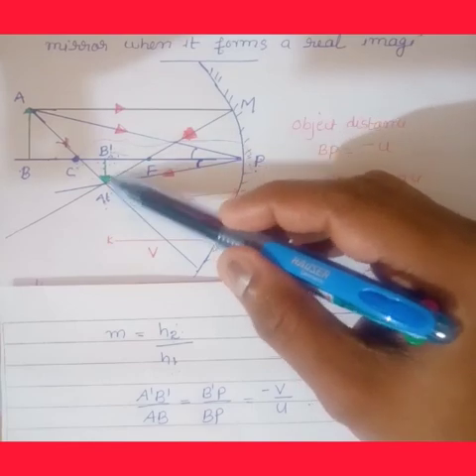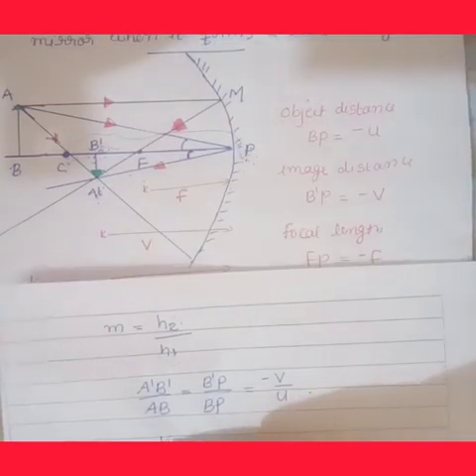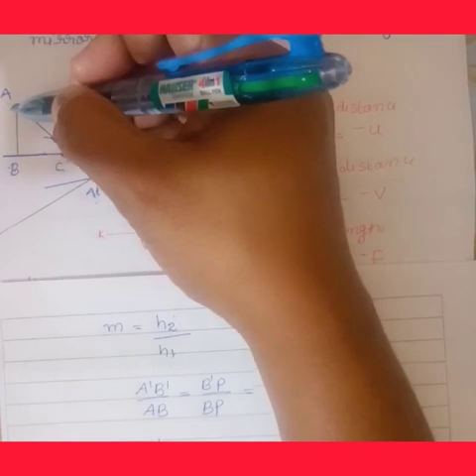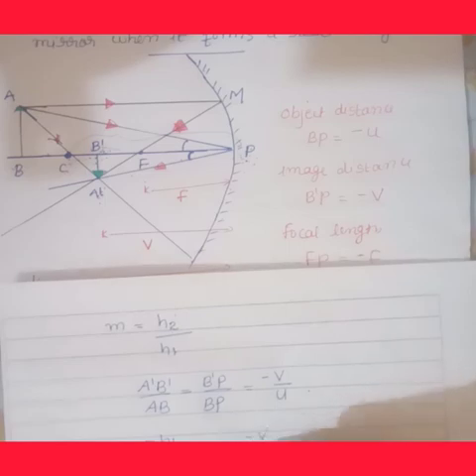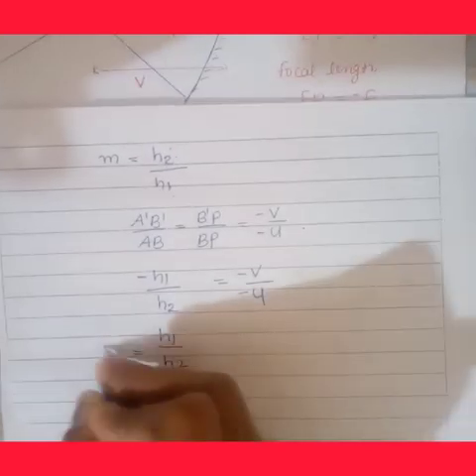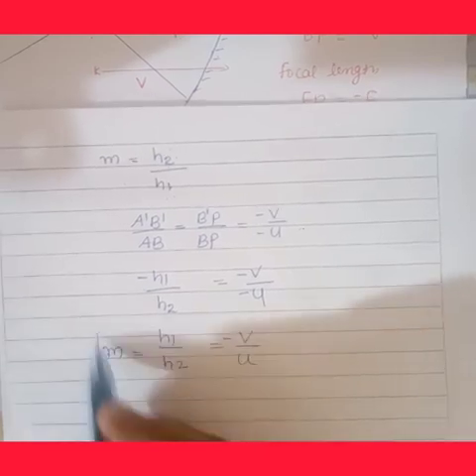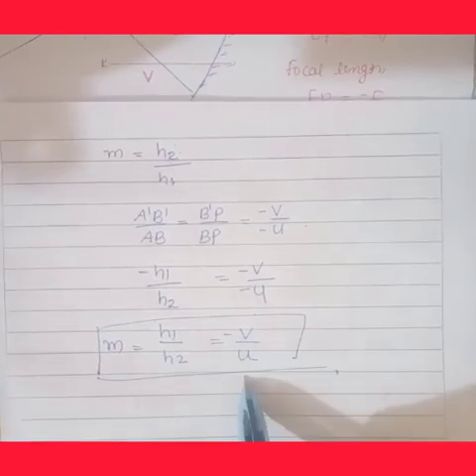It is an inverted image, so you put the negative sign, so A'B' is minus H2, and AB is the height of the object, an erect image, so you write positive H1, which is equal to minus V by minus U. So magnification M is equal to minus V by U.